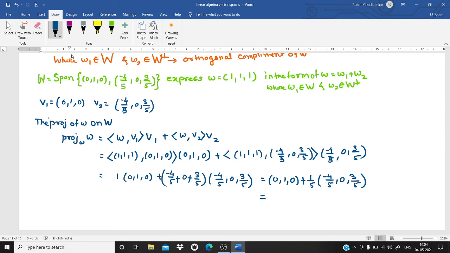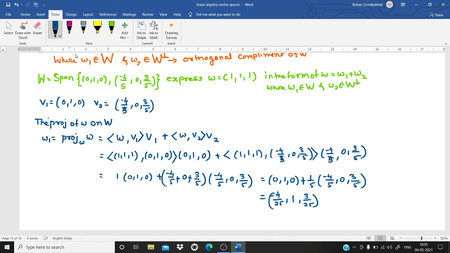So 0 plus 1 by 5 into minus 4 by 5, that is minus 4 by 25, comma 1 plus 1 by 5 into 0 is 0, so we get 1 here. And finally, it is 3 by 25. So this is my vector W1.